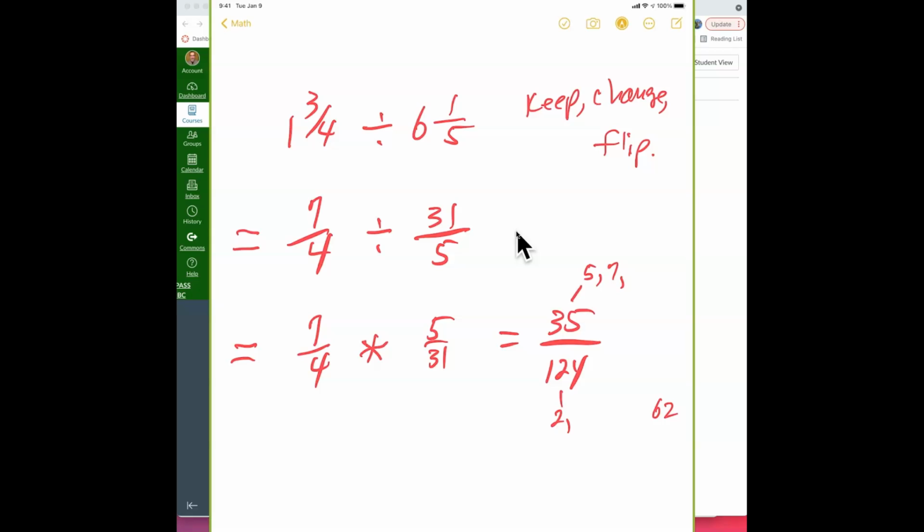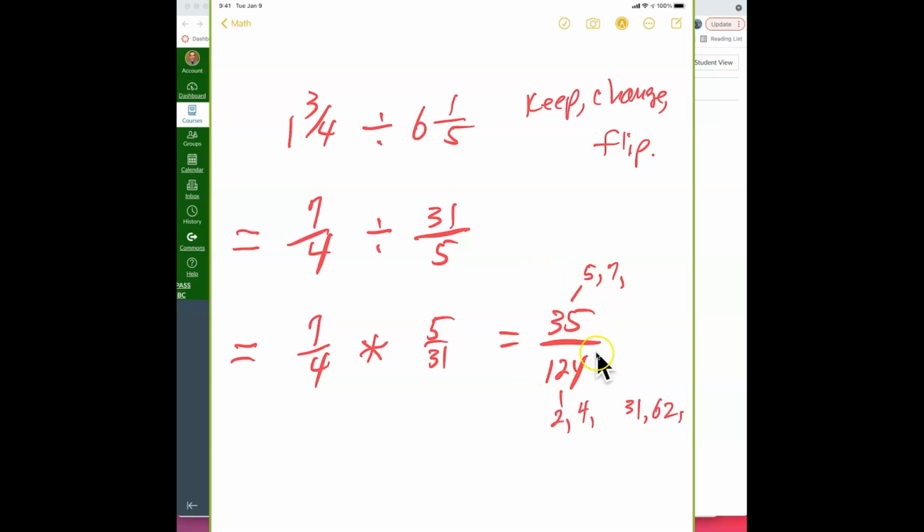Because that would be half. And then does 3 go into this evenly? No. Does 4? Yes. So 4 and 31. And then does 8 go into this evenly? No, 8 does not. So you might need to review your divisibility rules in order to do this.